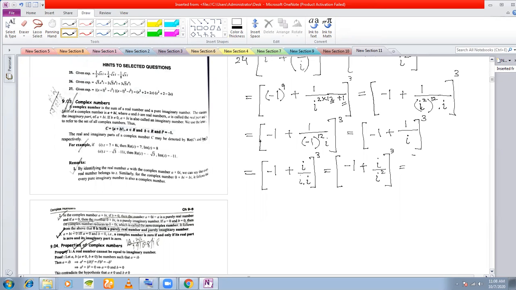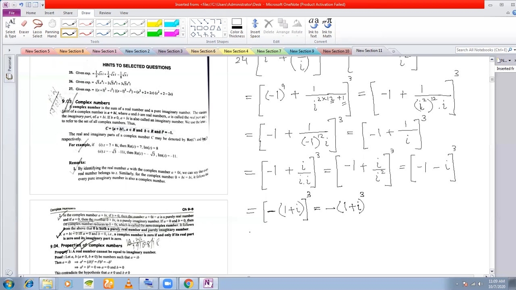This gives minus 1 minus i whole cube, so this is minus 1 plus i whole cube. Now if I take this minus sign out, I'll be left with minus 1 plus i whole cube, because with a minus sign you have an odd power, so that minus sign will remain.